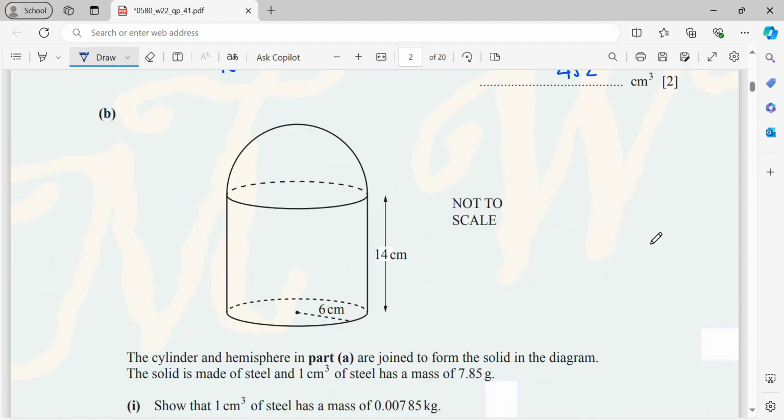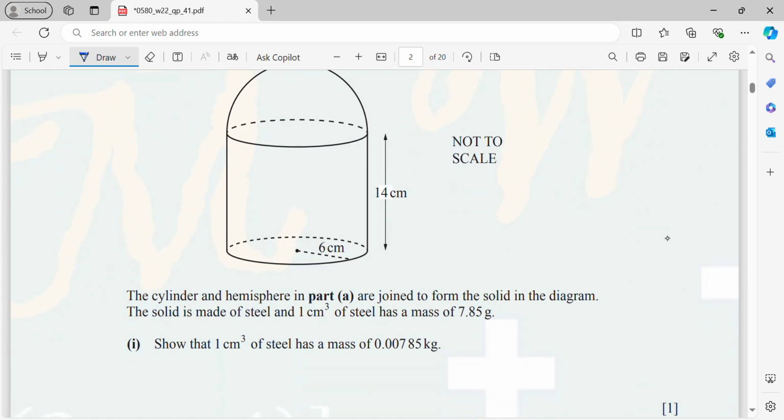B. The cylinder and hemisphere in part A are joined to form the solid in this diagram. The solid is made of steel, and 1 centimeter cubed of steel has a mass of 7.85 grams. Now, first part: show that 1 centimeter cubed of steel has a mass of 0.00785 kilograms. Basically, we just need to convert the grams into kilograms.